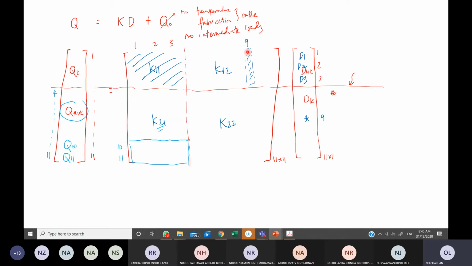You need to also determine it because this value later will be multiplied with this row number 9. Be careful. If this DK is 0, then the K12 region you don't need to determine. You just need to determine the K11 region. So let us find this K11 region.